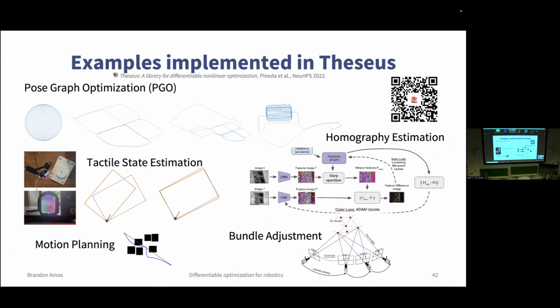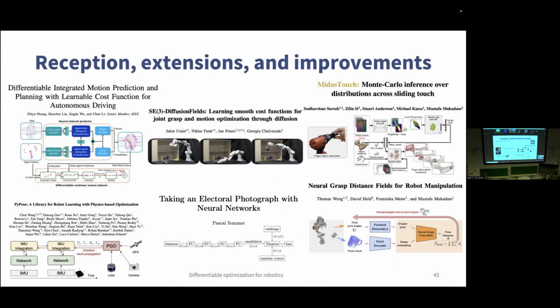We have examples in pose graph optimization, tactile state estimation, motion planning, homography estimation, and bundle adjustment, showing a lot of other settings where you might want to use differentiable optimization when you're estimating some module that's being further optimized with any of these. There's been a lot of work, also developing other libraries for differentiable nonlinear least squares, that I've listed here.